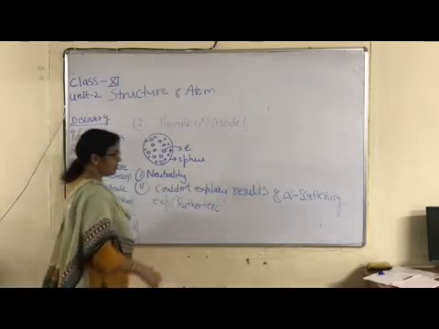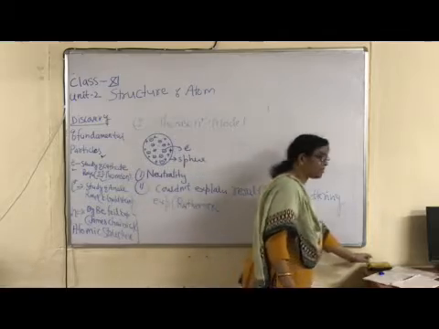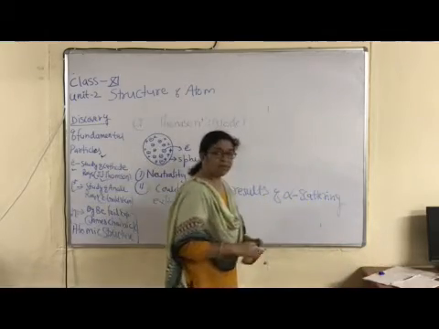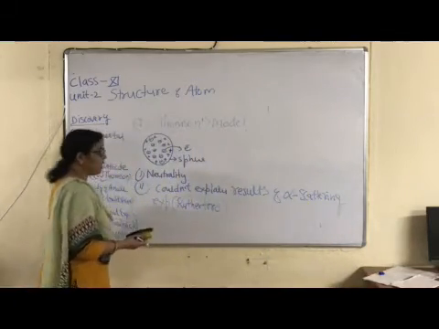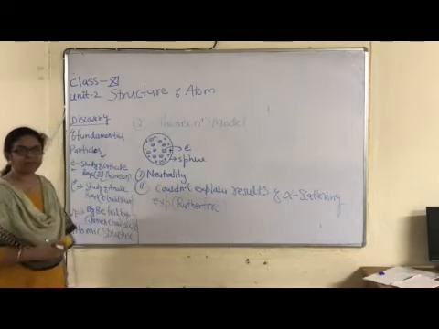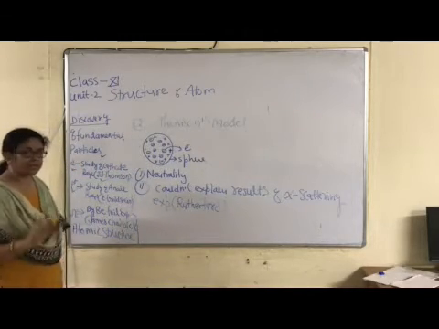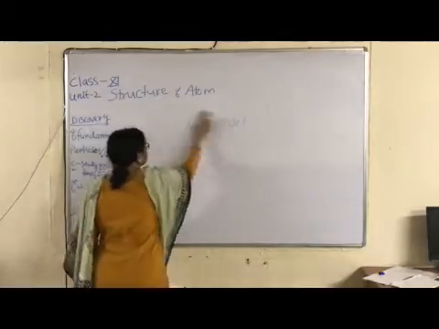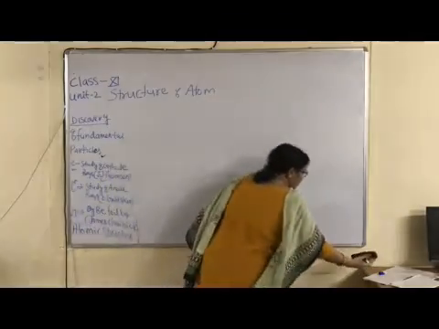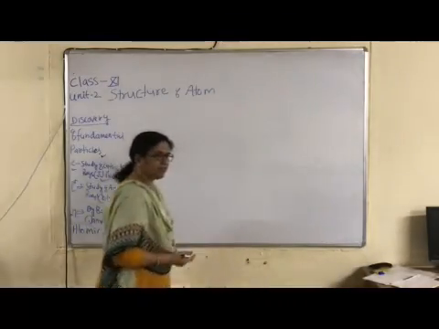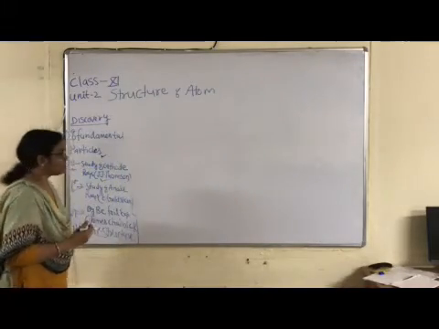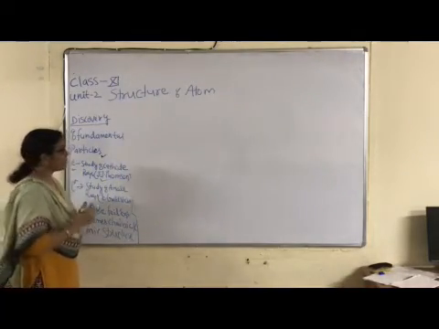Okay, children. Next is the scientist Rutherford, and his model is known as Rutherford's model. Rutherford's model is based on his alpha scattering experiment. What are the important observations and the conclusion of each observation?